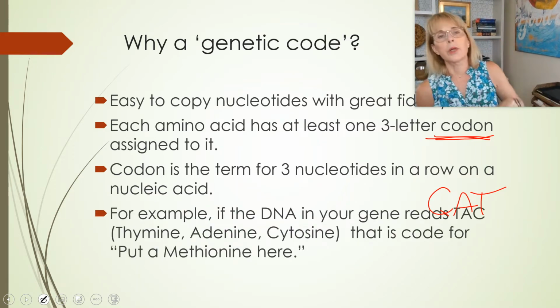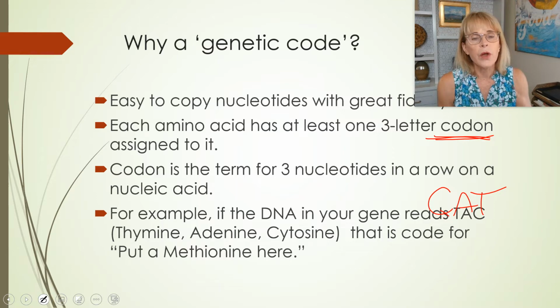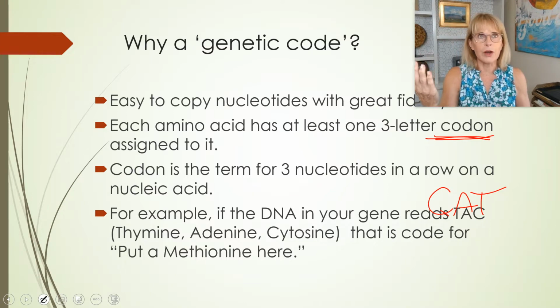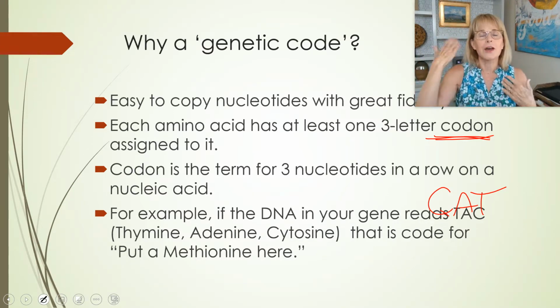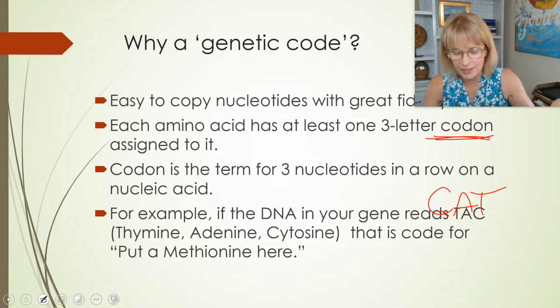And it had to be 3 in a row because we've got 20 amino acids. I'm not going to go through the math with you, but if you were to use one nucleotide to every amino acid, you got 4 nucleotides, so you could do 4 amino acids. That's not enough.